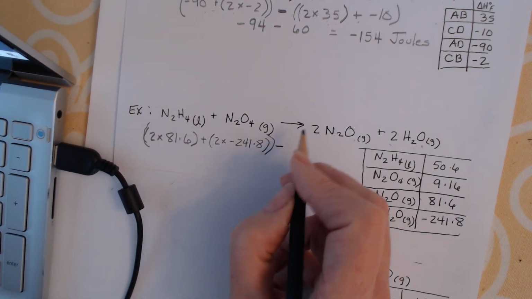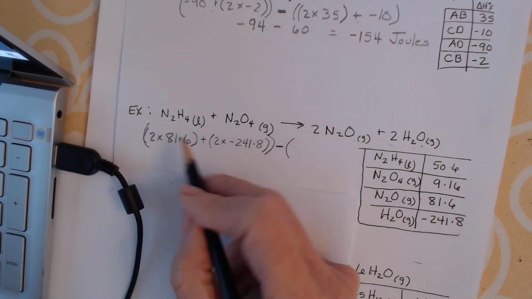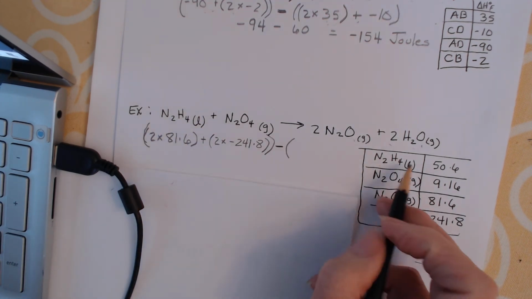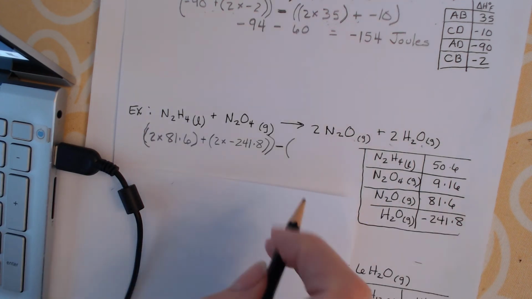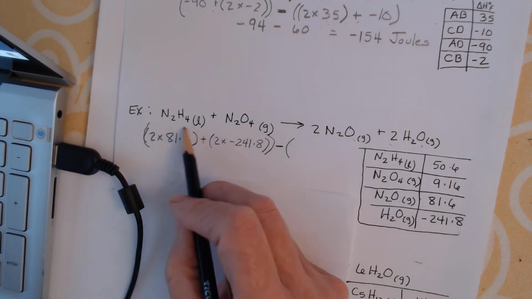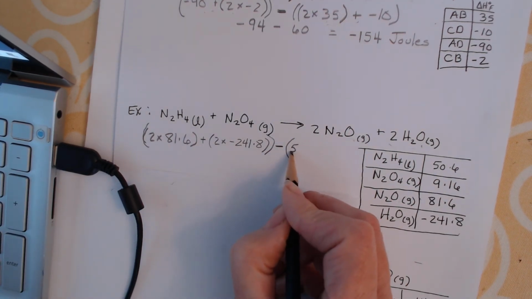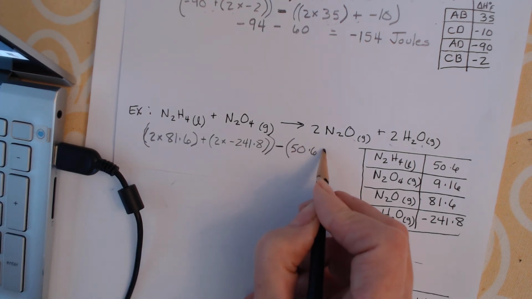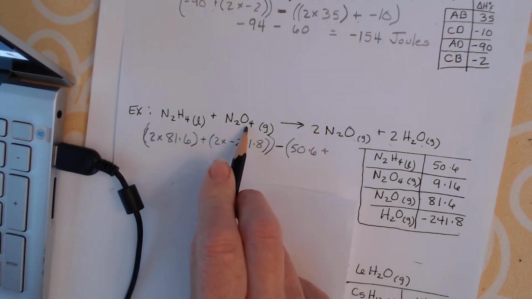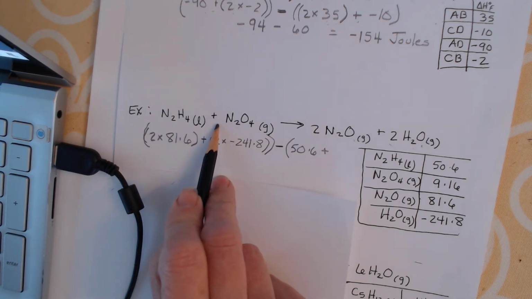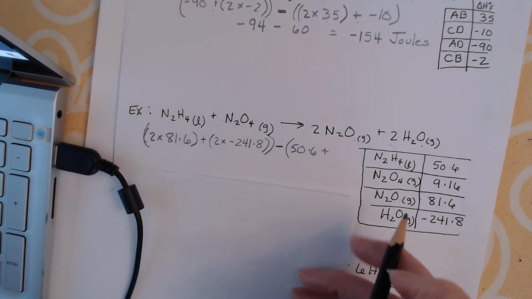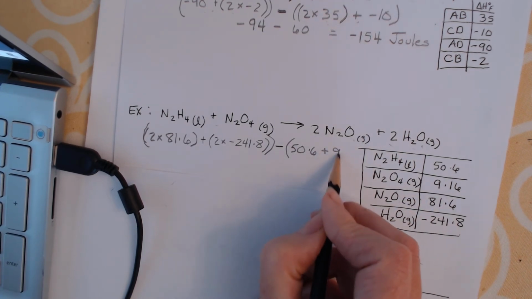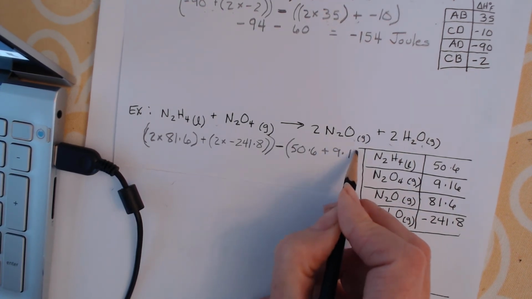Minus, there's my minus. So now I move over to my reactants. N2H4 is 50.6, and I have no coefficients, so I just say 50.6 plus N2O4. Again, there's no coefficient here, is there? So N2O4 is a gas, 9.16, 9.16.